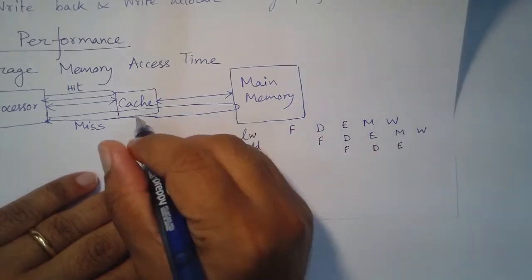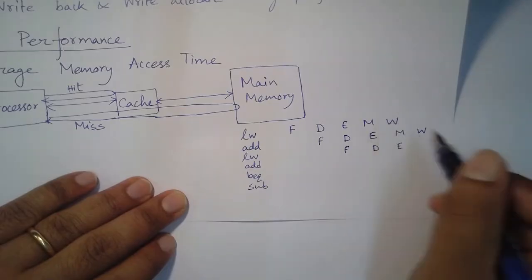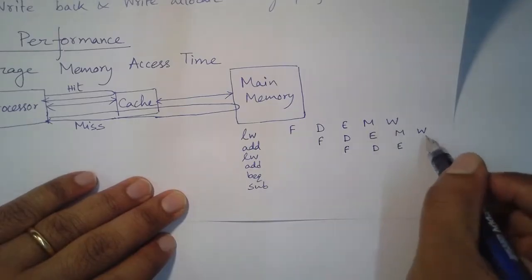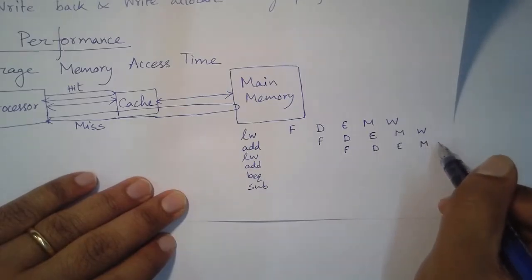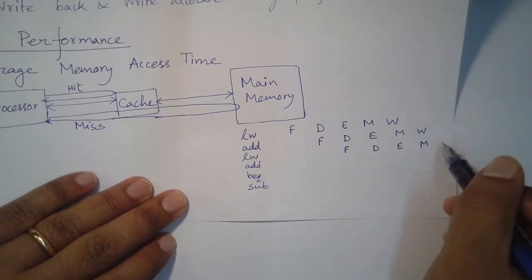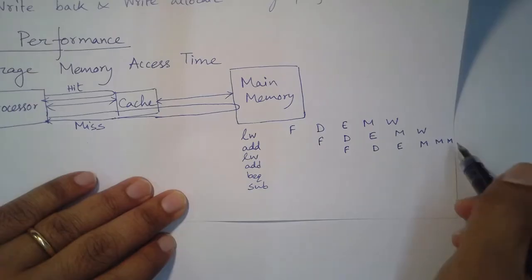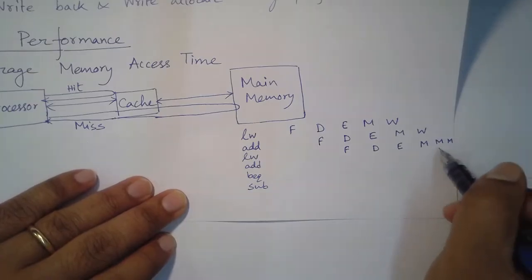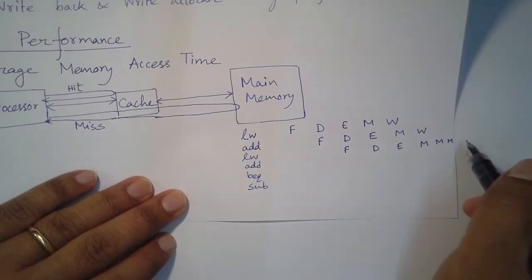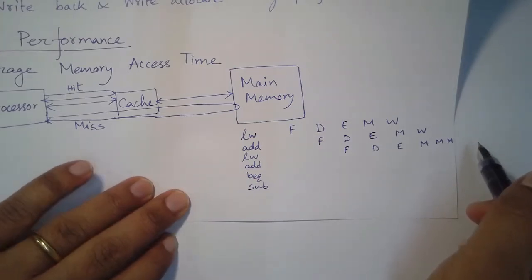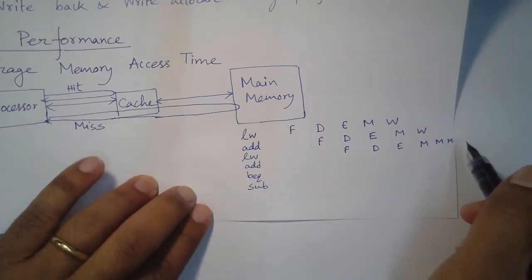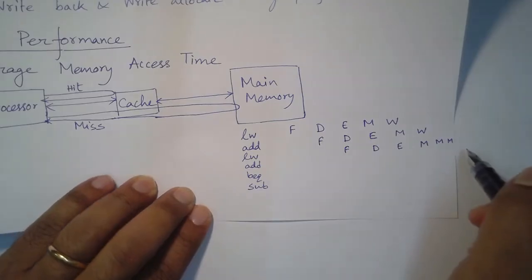Now if there is a cache miss, then you will be stuck in the memory stage till the data is available from memory. So the work will get stalled, and for whatever number of cycles it requires to get the data from main memory, this task will be stalled, and that will impact your performance.